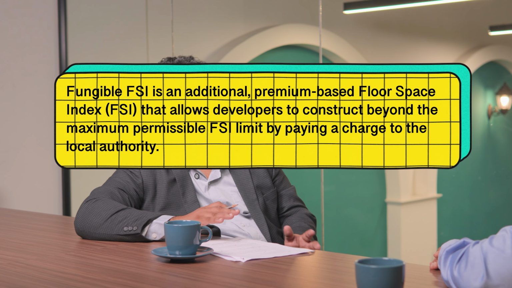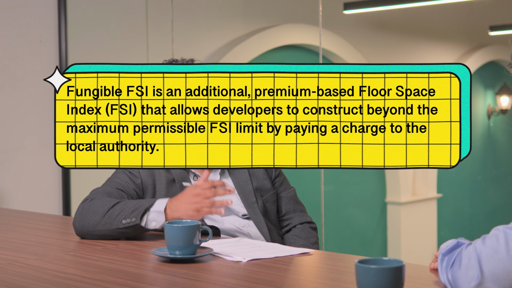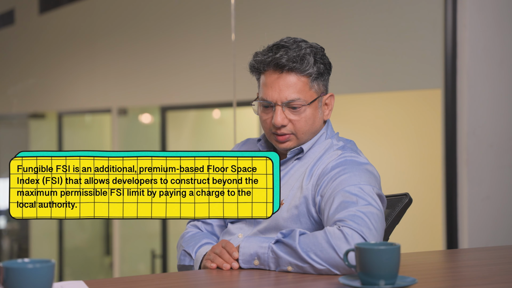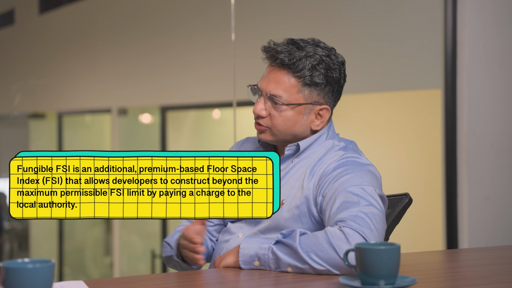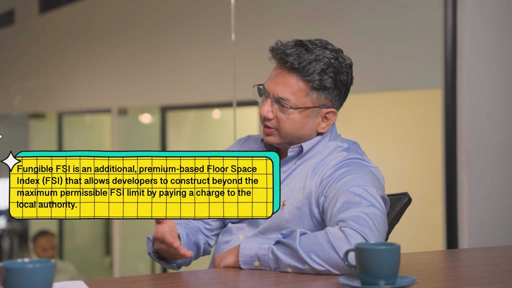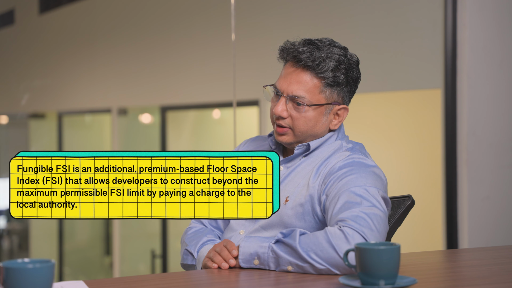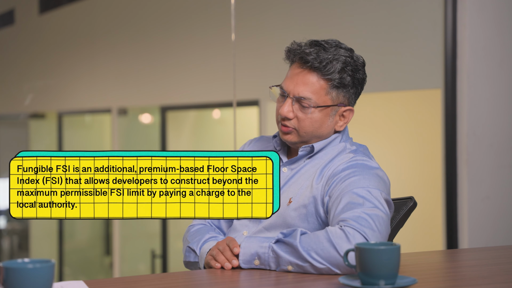Okay. We can certainly get into cluster later on. But as of now, we wanted to understand more of fungible FSI and permissible FSI. So you have addressed it very well. Fungible is for the rehab component, that is the existing members. It has been compensated in the form of balcony.